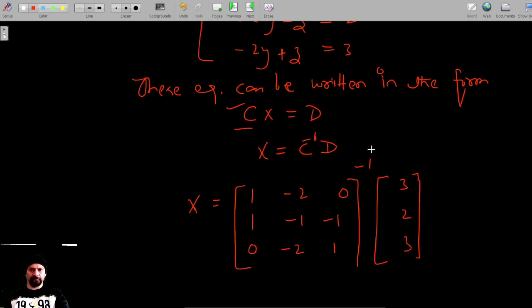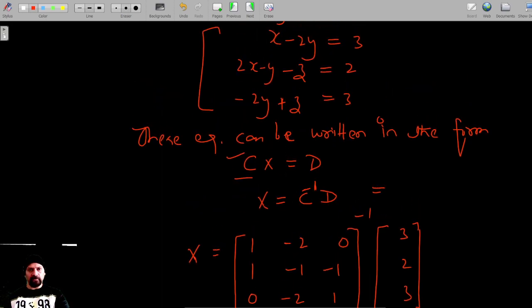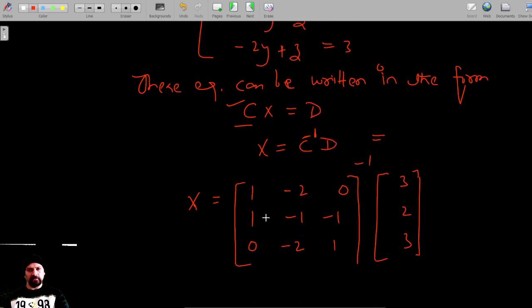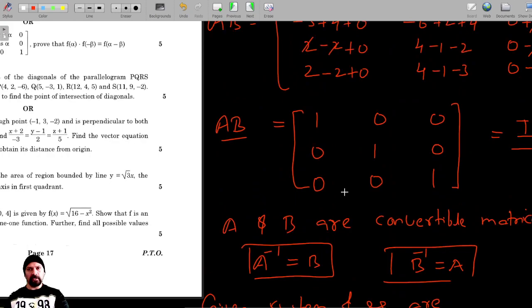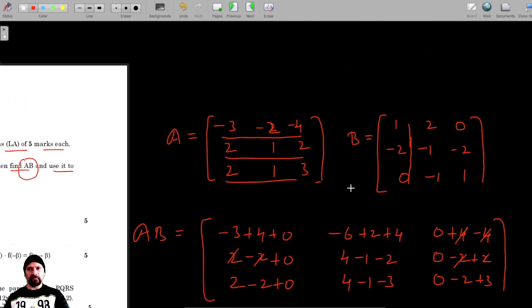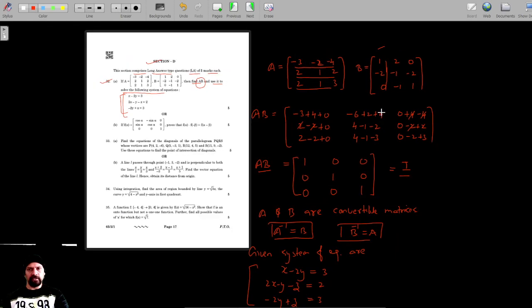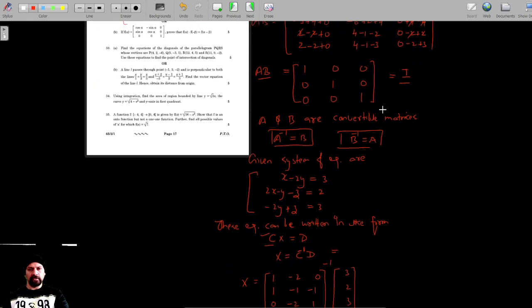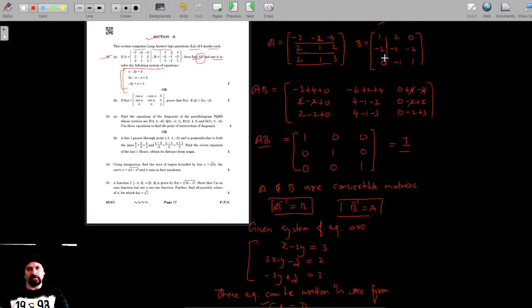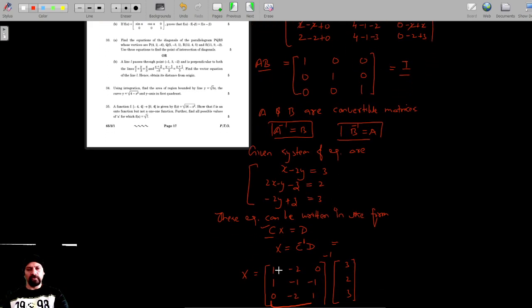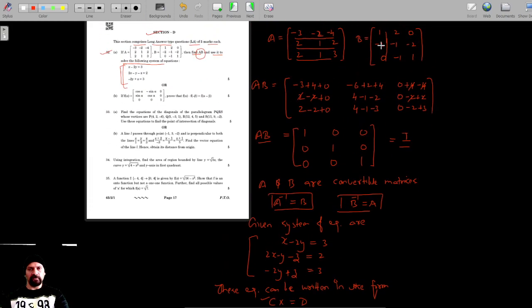Now if we have a close look at the C matrix and the B matrix, so this is C and this is B, we see that C matrix is actually the transpose of B.